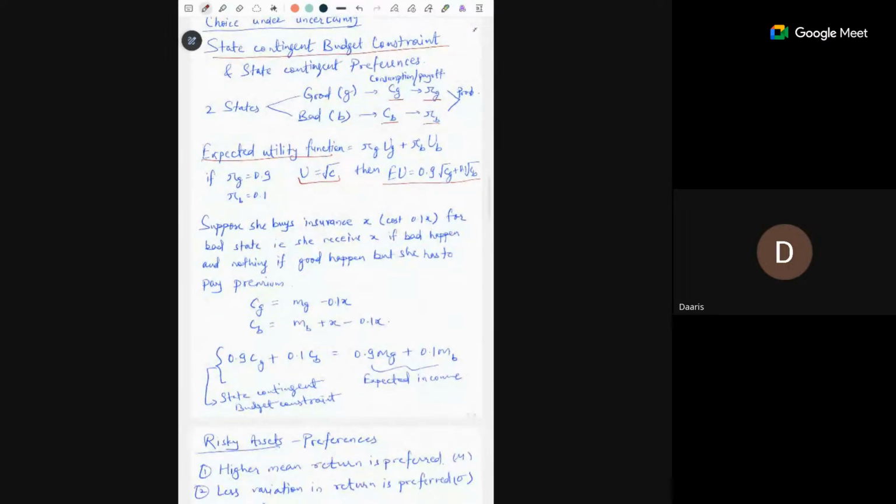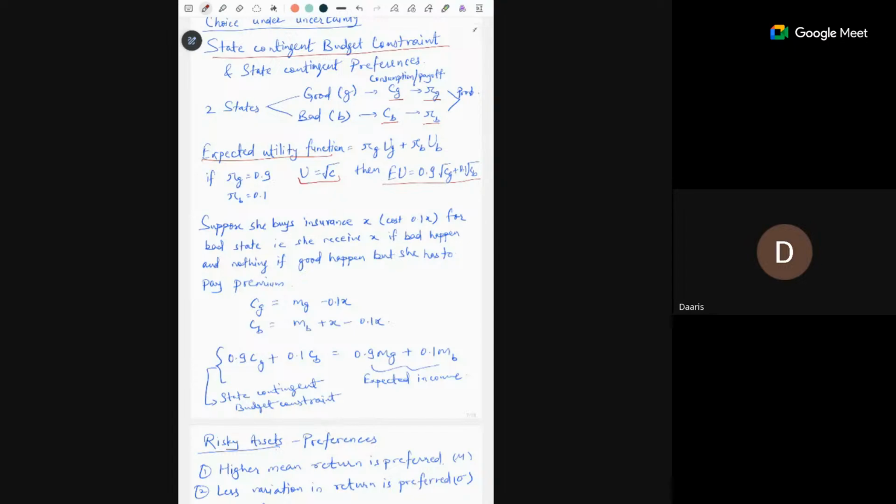So for example, there is an individual, and there are two possible states, good and bad. She wants to insure herself in the case of the bad state. How can she insure herself? By buying an insurance.